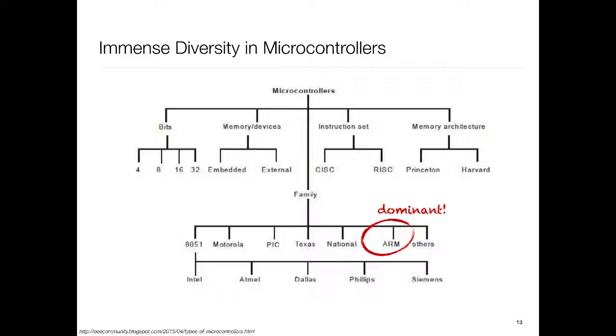Before ARM, the one which used to dominate, and maybe in numbers still does, is the Intel 8051. That was an old microcontroller from the 70s, and in the 8-bit world it ruled, although it was not terribly efficient, so gradually it got taken over. TI, Texas Instruments, made a whole bunch of very interesting products, but in 32-bit stuff, ARM is what dominates.